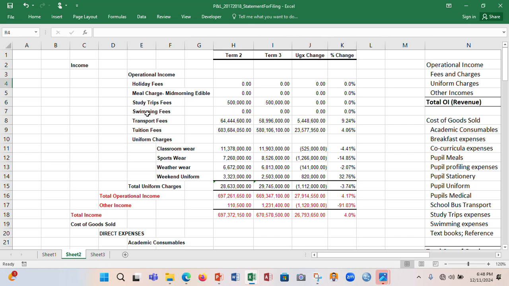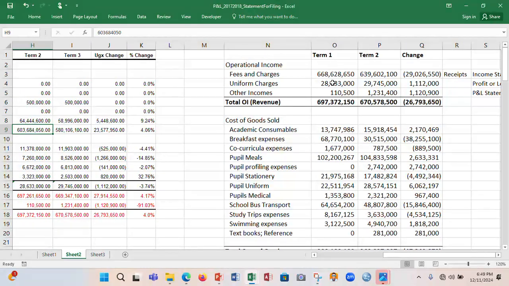Swimming pools were collected. Transport was collected, some money. And also tuition. This tuition is the main one that the institution gets. I just created a summary here. So these are the sources of income or sources of revenue. Cash has come in after delivering services or selling a product.